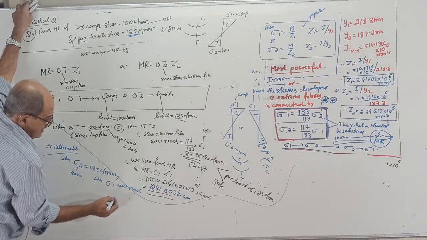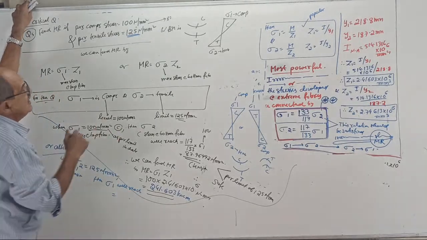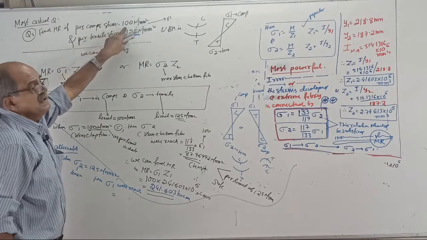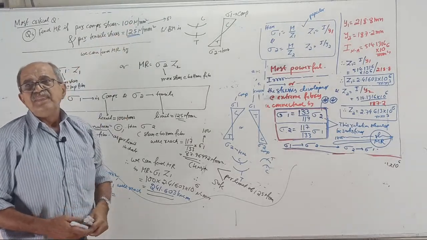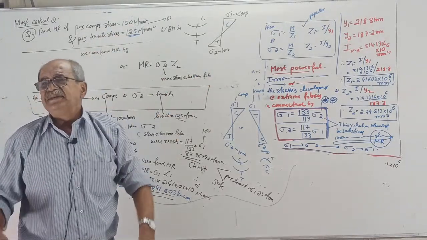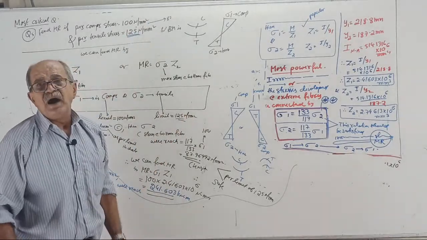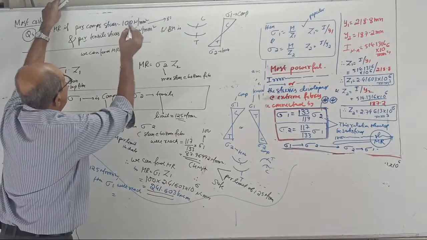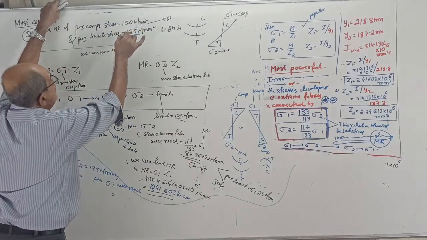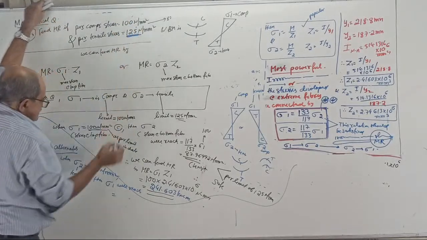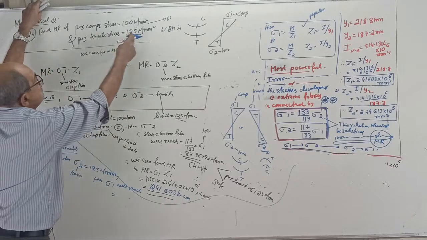The first time, you tried compression of 100, and then we came to know that tension is safe. Therefore, using 100, you find MR. Now, the other way: allow the bottom fiber stress to reach 125.